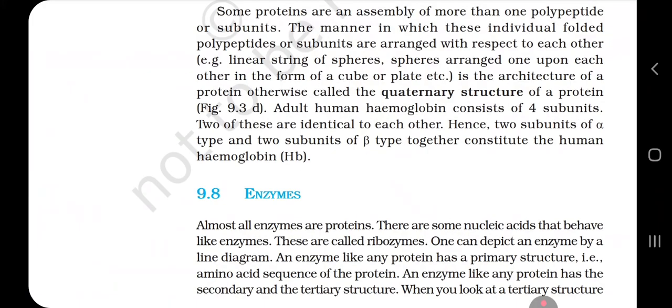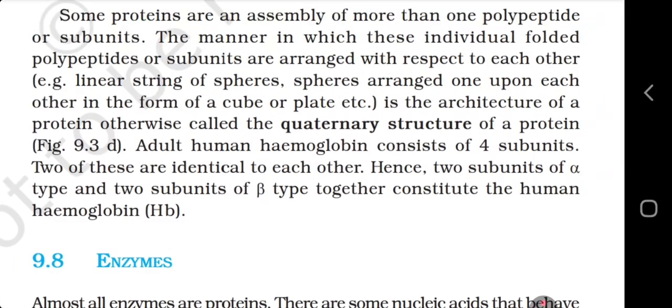Some proteins are an assembly of more than one polypeptide or subunit. The manner in which these individual folded polypeptides or subunits are arranged with respect to each other, for example linear strings of spheres arranged one upon each other in the form of a cube or a plate, etc., is the architecture of the protein, otherwise called the quaternary structure of the protein, that is figure 9.3d.